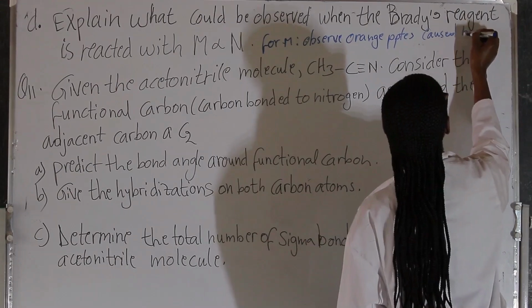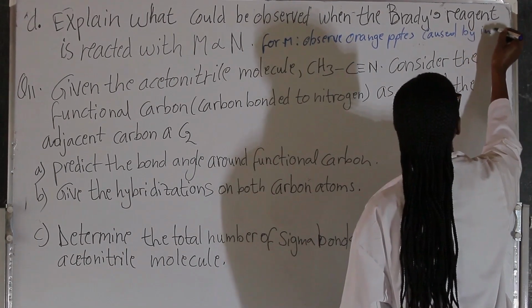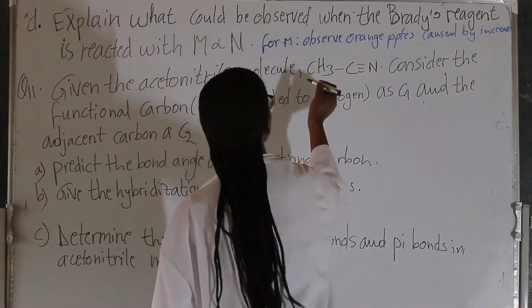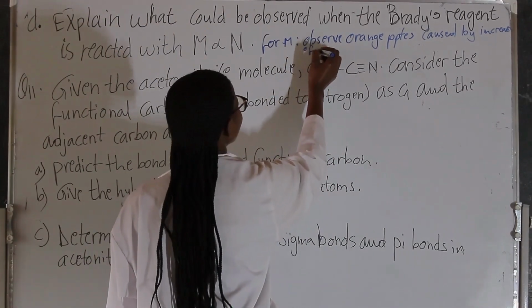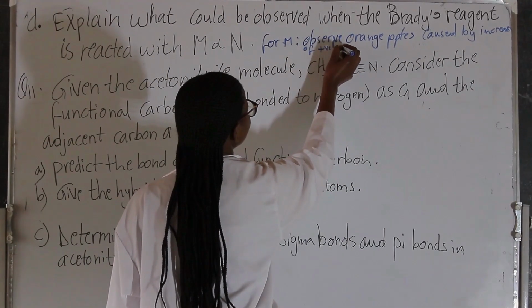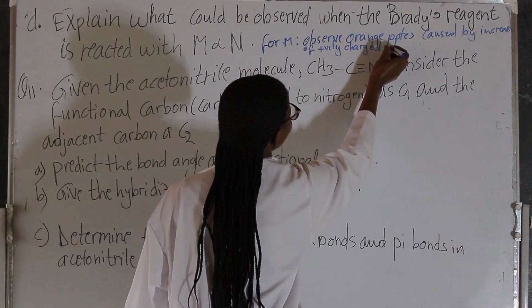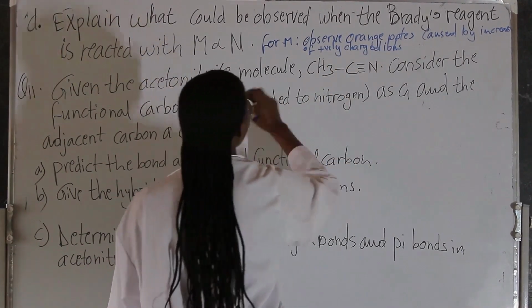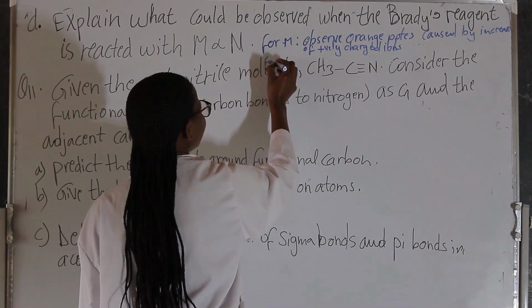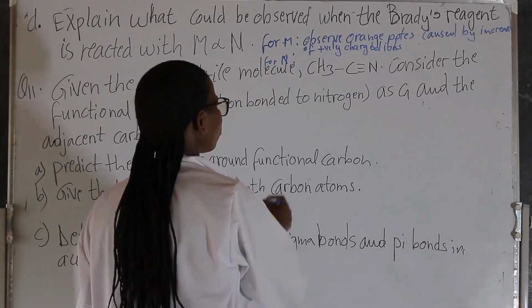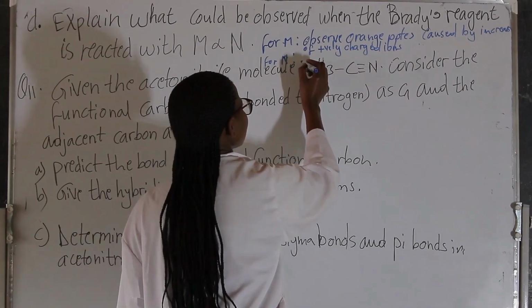Caused by increase of positively charged ion for M, for N. Also we observe orange precipitate.